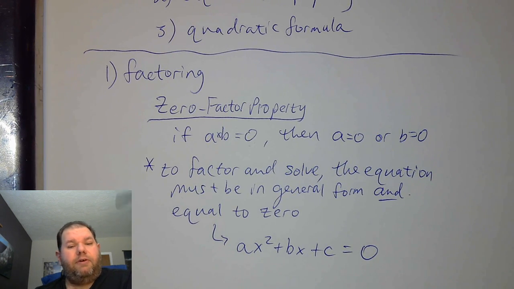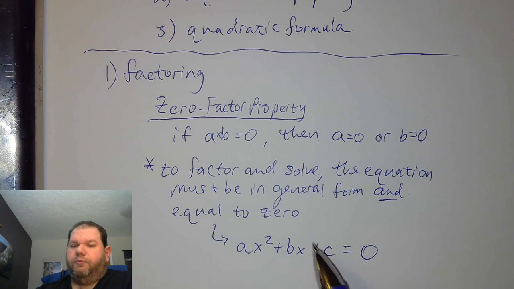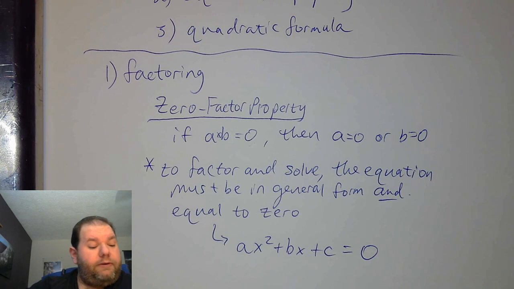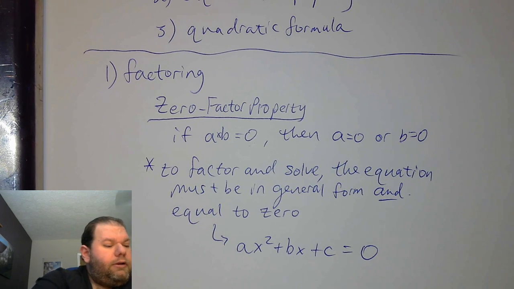So if it does start off where it's not equal to 0, like we have a constant over here, our first step will always be to make it equal to 0 by subtracting that number from both sides. That's our zero factor property. Let's look at applying it.